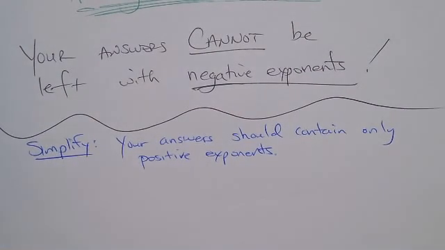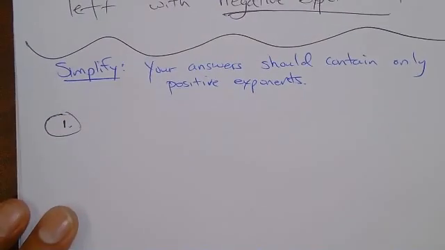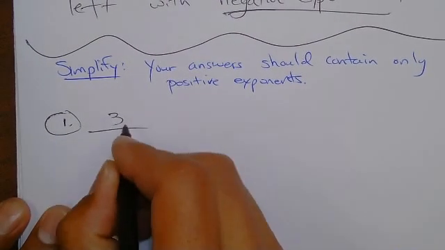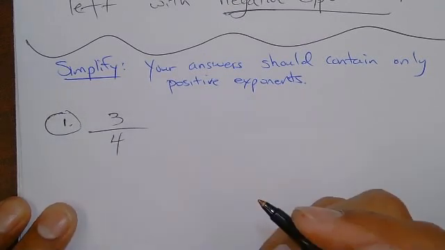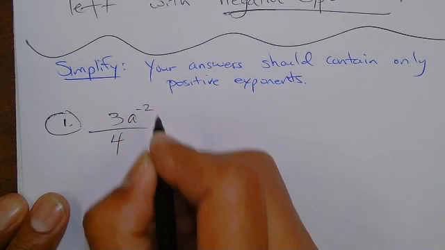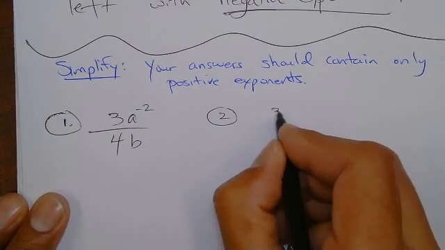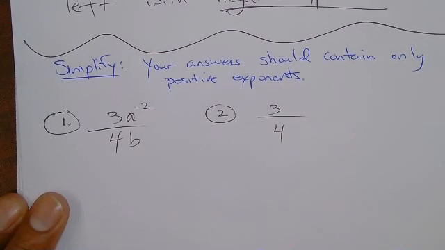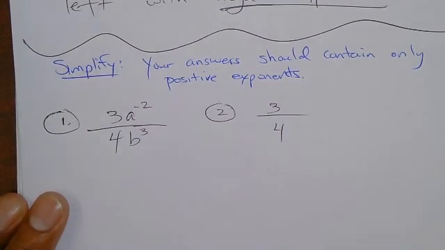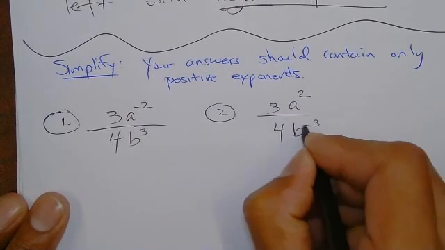Okay. Number 1. 3, 4, a negative 2 b. Number 2. 3, 4, I'll make that be b cubed, a squared b negative 3.